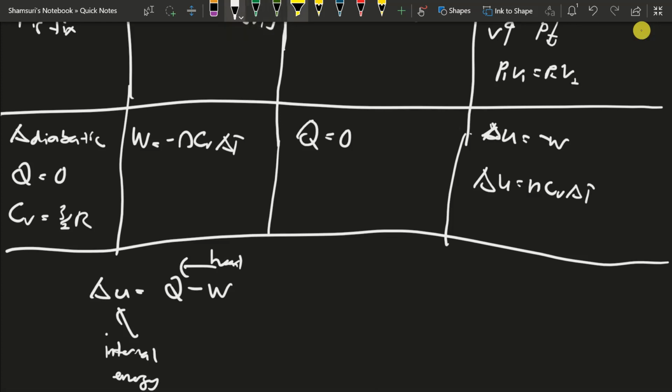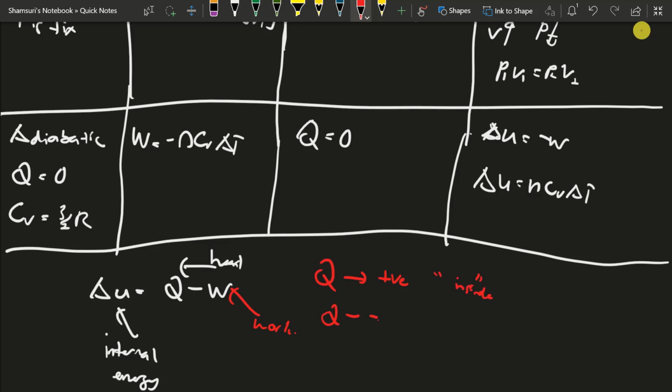Maybe I can change the color a little bit. The Q is positive, which means they go in, so it means going inside, into the system.